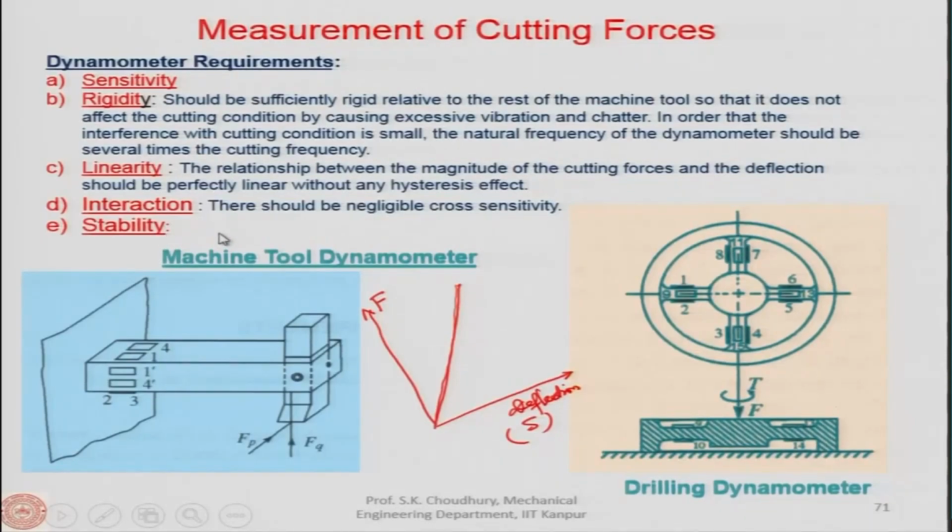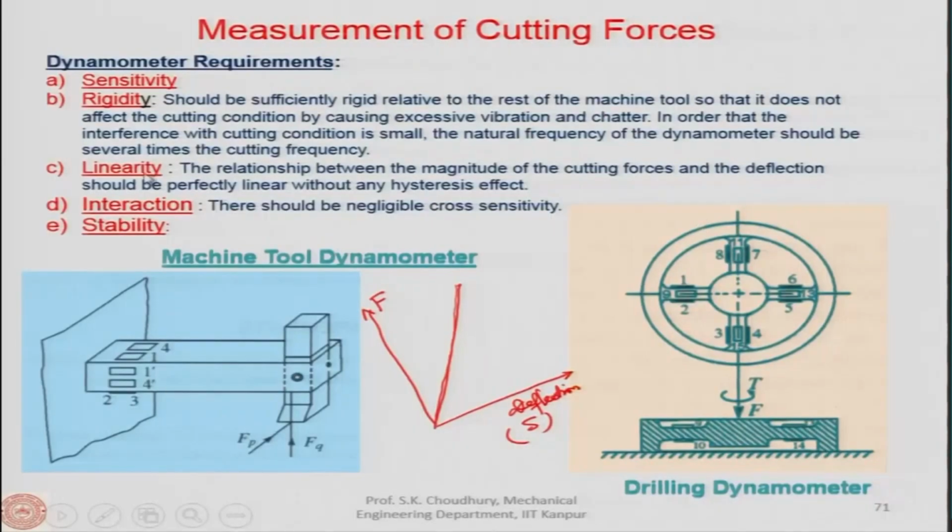It should be sufficiently stable so that it does not disturb the machining process, because instability in the process will give rise to vibration, chatter, self excited vibration and so on. That is a long story. So, we are saying that the dynamometer should have high stability.